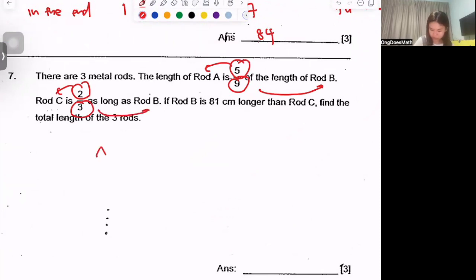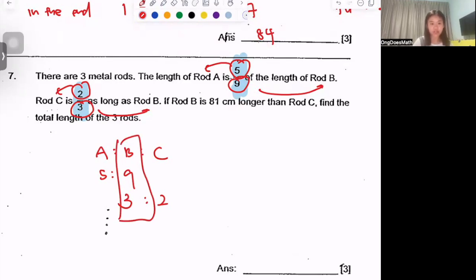Good. So we have 3 rods. We have A, we have B, we have C. In the first fraction, we are told that A is 5, B is 9. In the second fraction, we are told that C is 2 and B is 3. So if you look at this ratio over here, can you see that B cannot be 9 and 3 at the same time?